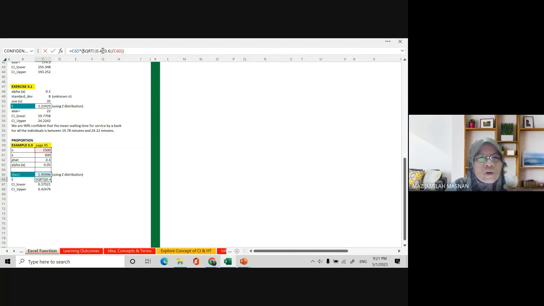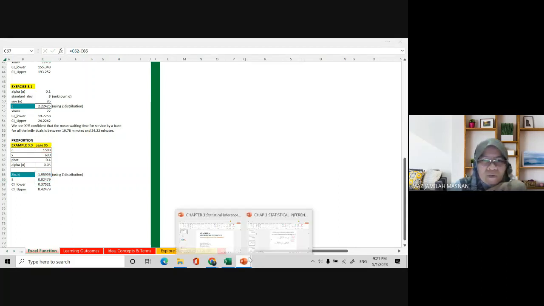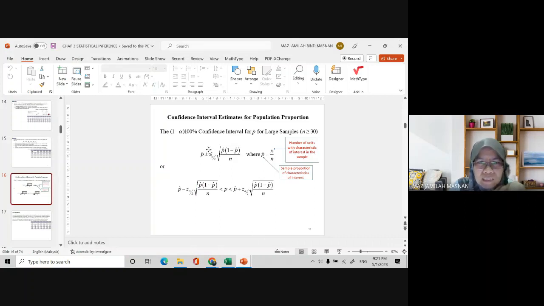So 0.4 multiplied with Q hat, which is 1 minus 0.4 is 0.6, divided by the sample size value, which is 660. This one. Okay. So enter, you will get the E, the margin of error. So that margin of error is the one that is here.